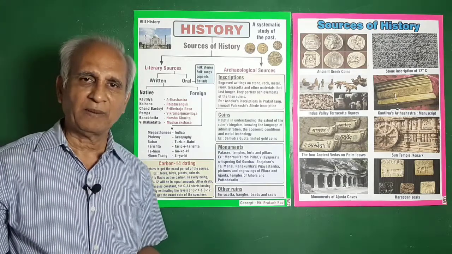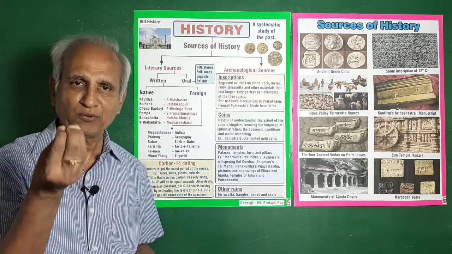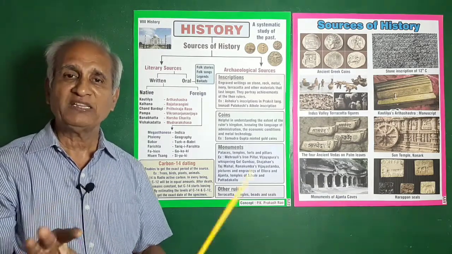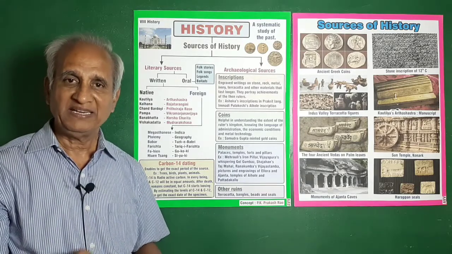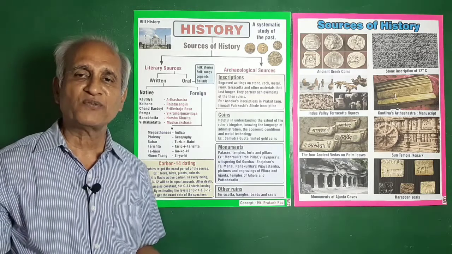Again, a country like America has about 400 years of history. Only about 400, 500 years of history. We do not know anything before that. But India has about 7,000 to 8,000 years of history.